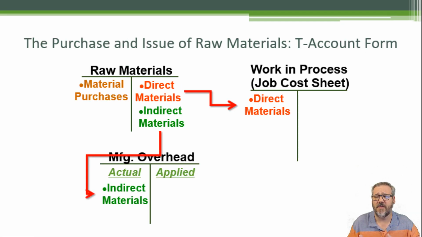So again, the way that we flow these assets, when we purchase materials, we're purchasing raw materials. Raw materials, again, that is an asset. It increases with this debit entry into material purchases, raw materials, whatever the company calls it. When we ask for this house to be built, let's say, we are going to call for these raw materials to be delivered to the job site and be worked on, start getting nails hammered into them and take on the shape of a house.